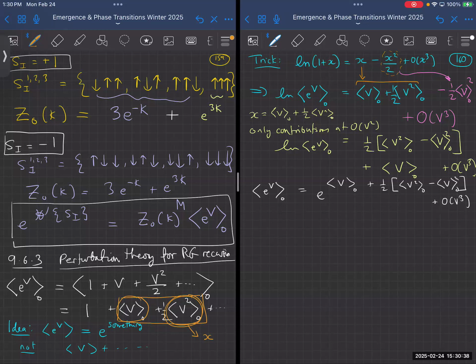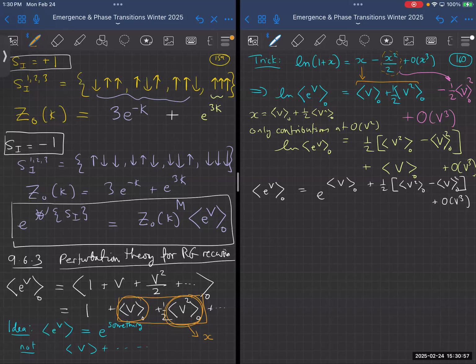Like so. And that's called the cumulant expansion. So it's particularly useful here because the thing we want on the left-hand side, we're going to call e to the H prime, the effective Hamiltonian. So after we've computed this, we can simply read off what the effective Hamiltonian is.